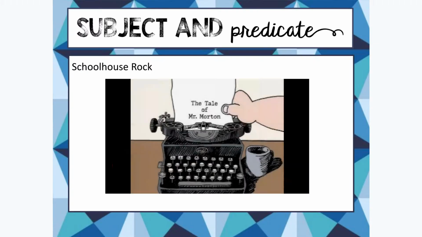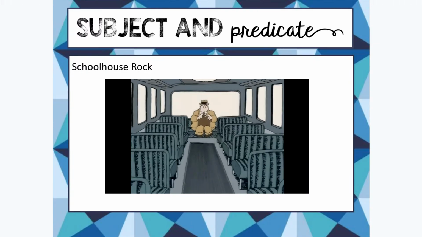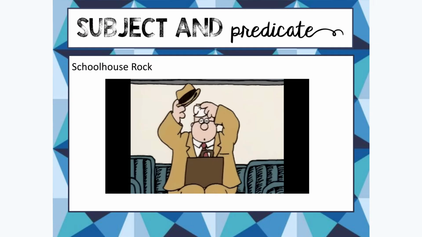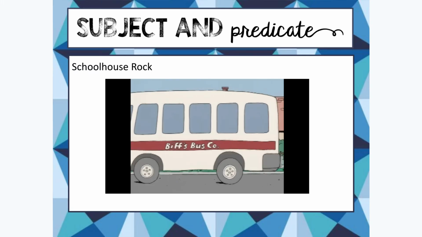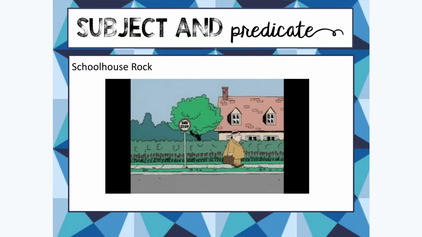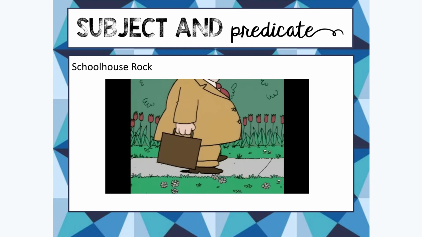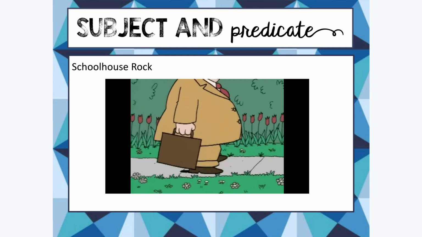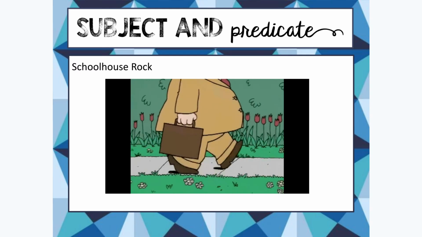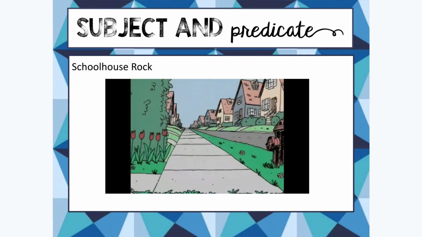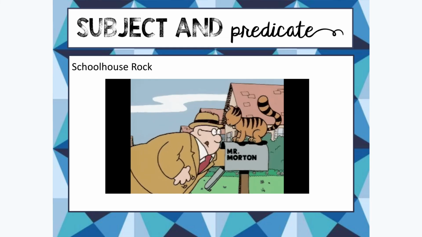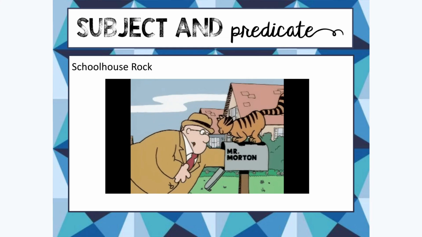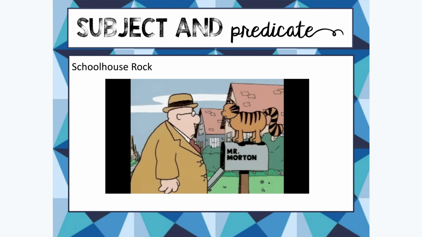This is the tale of Mr. Morton. Mr. Morton is who? He is the subject of our tale, and the predicate tells what Mr. Morton must do. Mr. Morton walked down the street. Mr. Morton walked. Mr. Morton talked to his cat. Mr. Morton talked. Hello, cat. You look good. Mr. Morton was lonely.